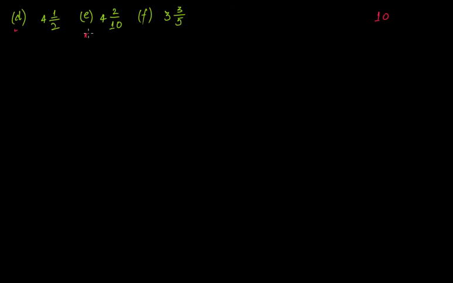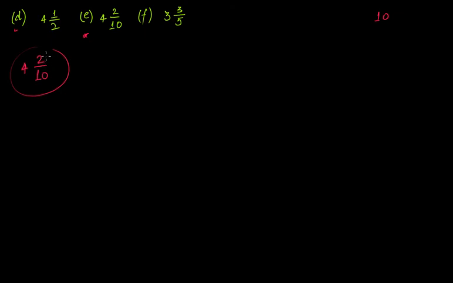Now let's do this one. So this is 4, 2 over 10. Now you can clearly see that the denominator is 10. It is a mixed fraction where 4 tells you the whole objects, that is you have a total of 4 objects and this is 2 over 10. This 2 over 10 tells you what?